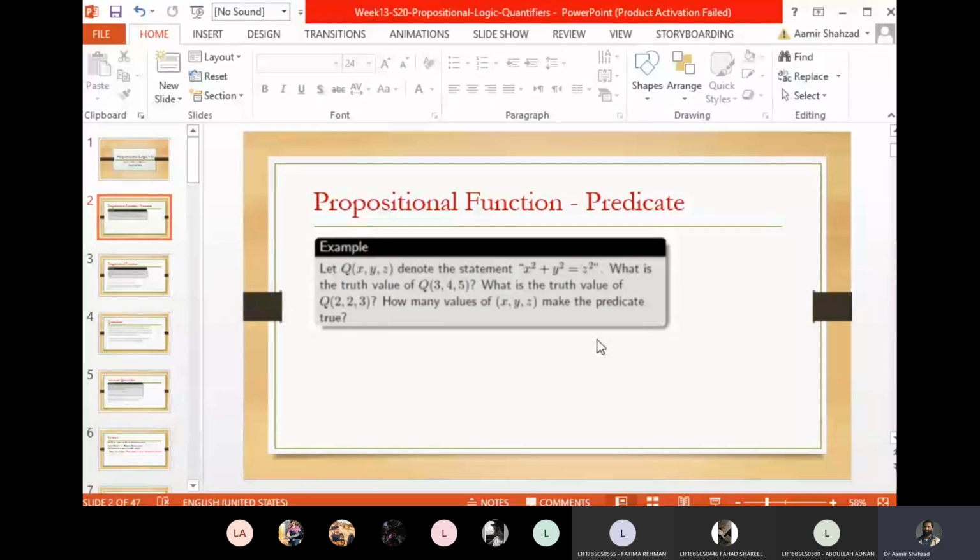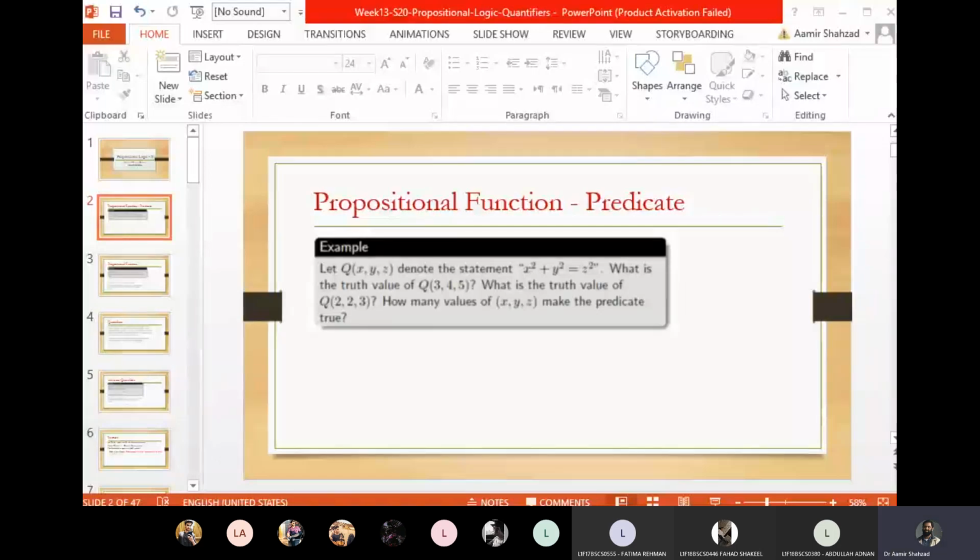So we can get many values because this is related to Pythagoras theorem, right angle triangles. So how many values of x, y, z means how many right angle triangles we have? We have a lot of right angle triangles. In fact, we have infinite right angle triangles.